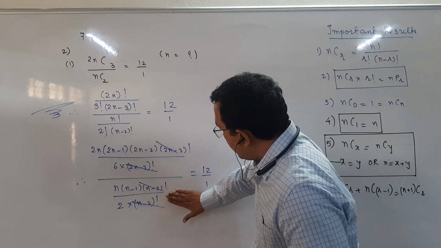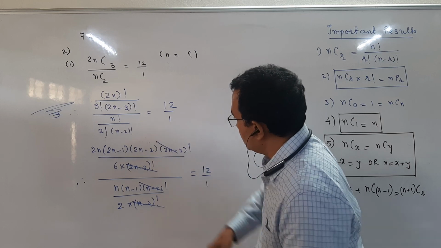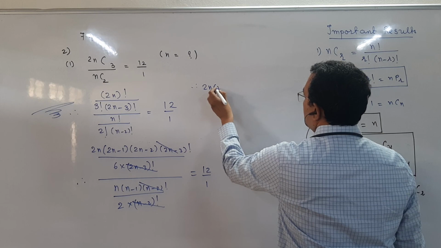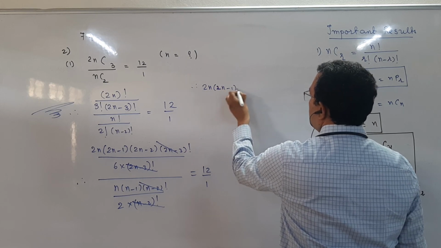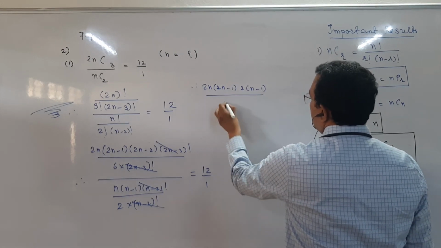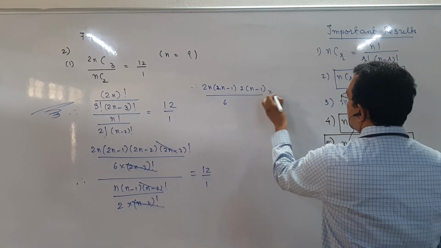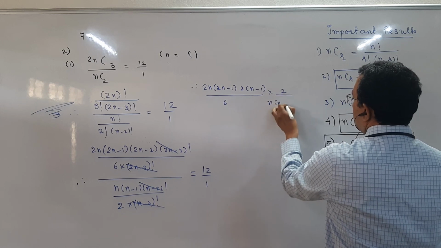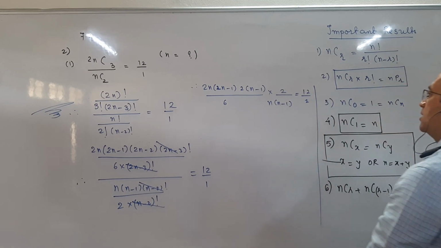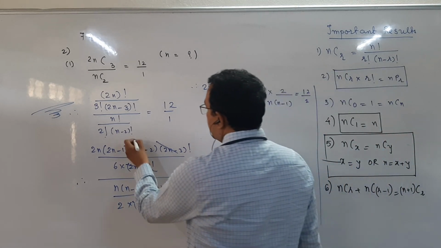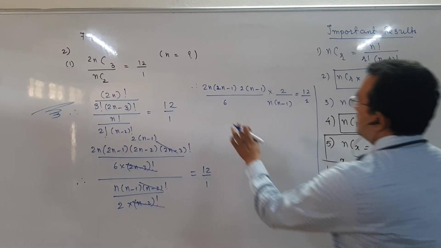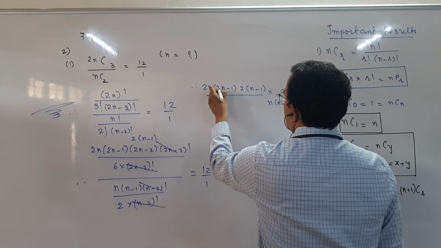Now, n into n minus 1, this 2 I can shift in the numerator. So this step I am writing here. 2n into 2n minus 1, taking 2 common, I will get n minus 1, divided by 6 into 2 upon n into n minus 1 is equal to 12 is to 1. From this, I can take 2 common, and that is 2 into n minus 1. And this is 2n, students.